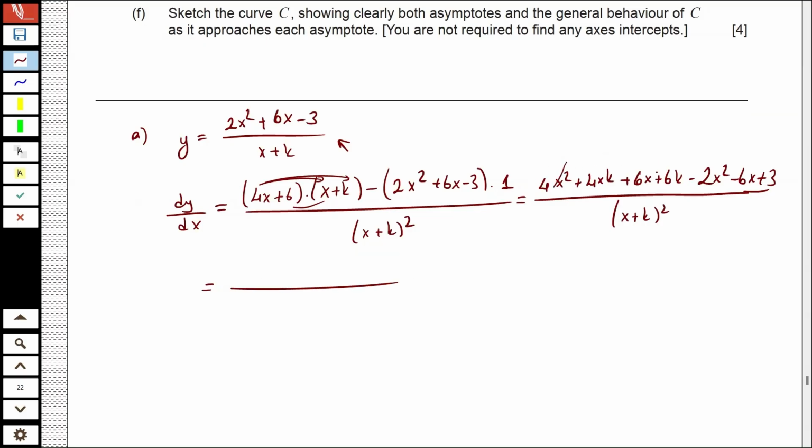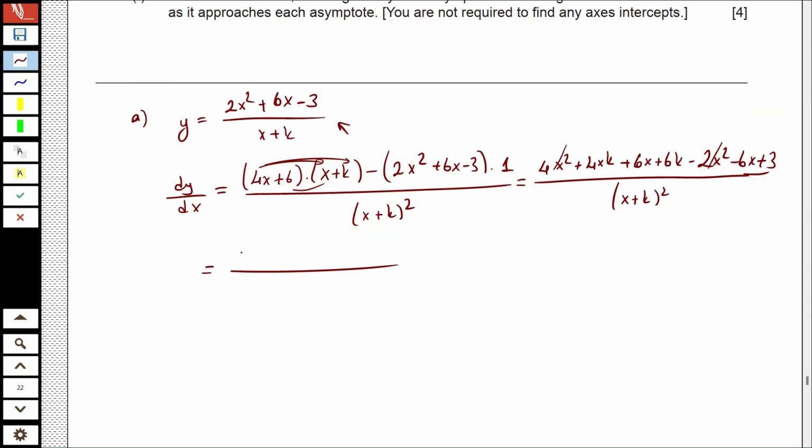From here, the 6x terms are cancelled, giving 2x² + 4xk + 6k + 3 over (x + k) squared.